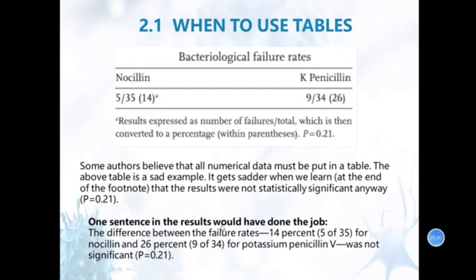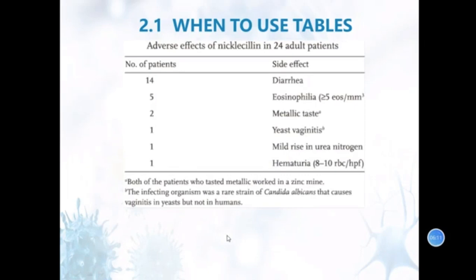One sentence in the results would have done the job, like: the difference between the failure rates, 14% for methionine and 26% for potassium, was not significant. So if we can use one sentence to show it, do not use a table.